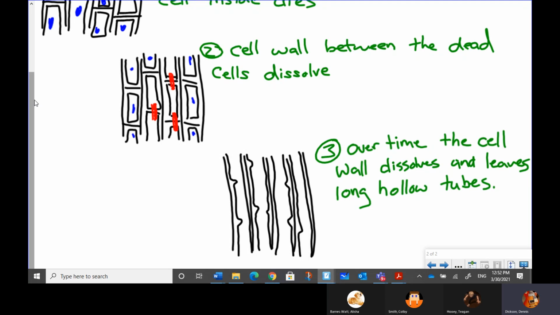So over time, once the cell wall dissolves, you get your long hollow tube, and the long hollow tube is what's called the xylem.